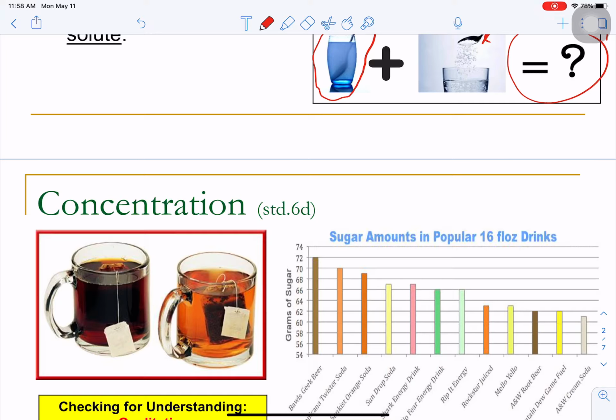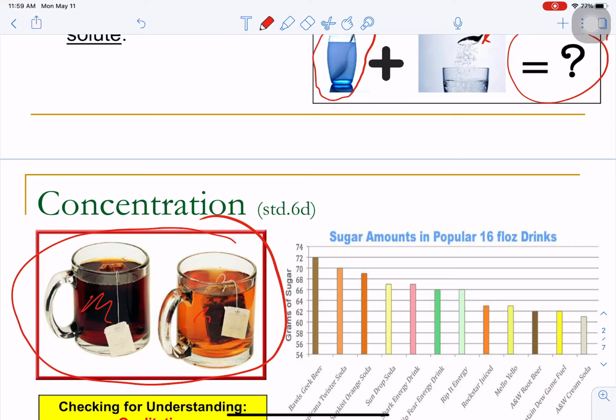The first thing is taking a look at the two iced teas. I believe they're iced teas. Yeah, iced teas. Just by looking at them, qualitatively, could you describe these two solutions to me? And you can. If you notice, the left one is a bit darker than the right one. What can be said then? You could say that the one on the left is more concentrated than the one on the right.